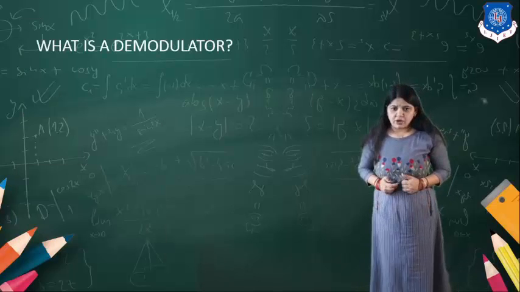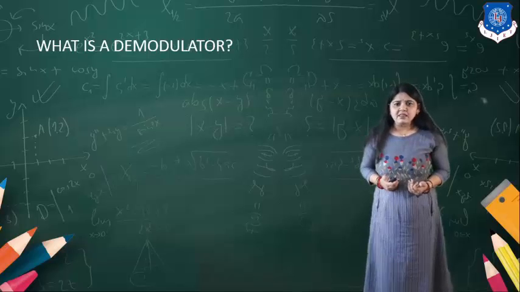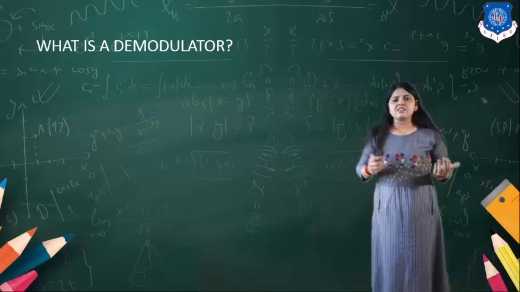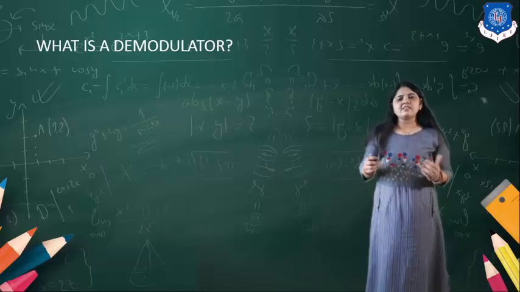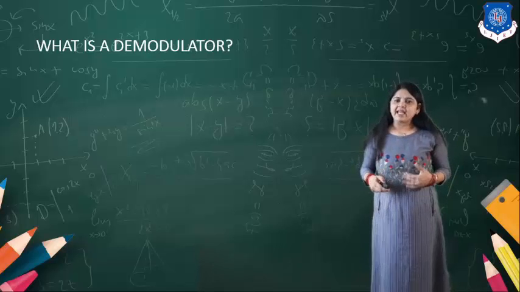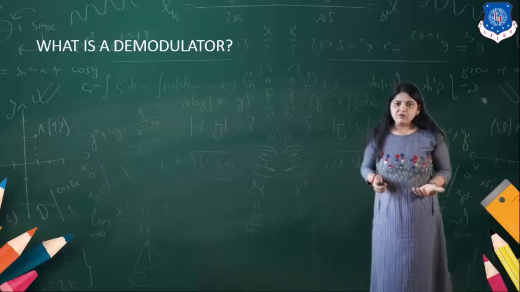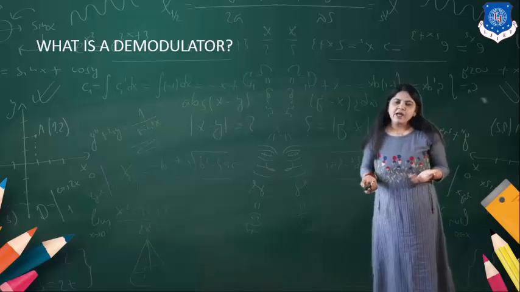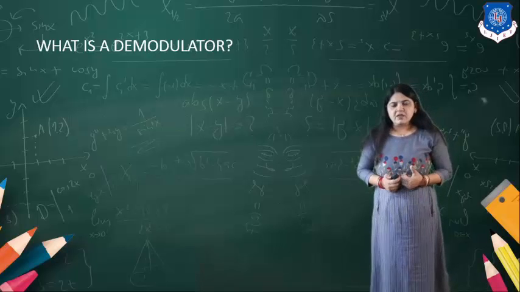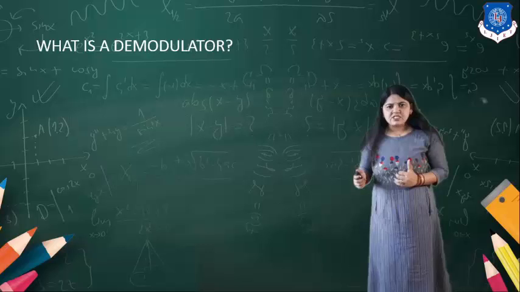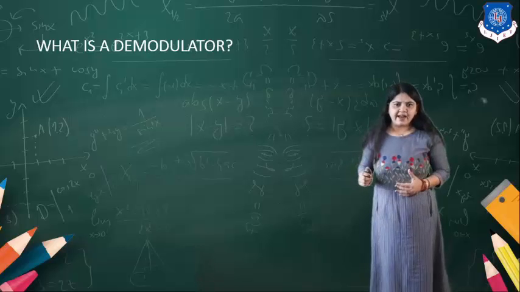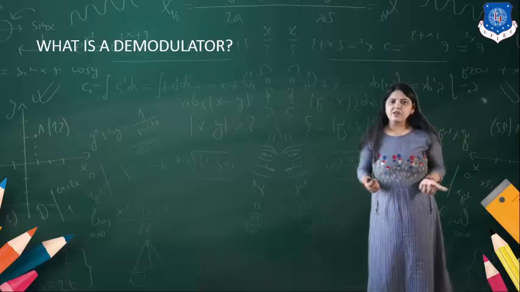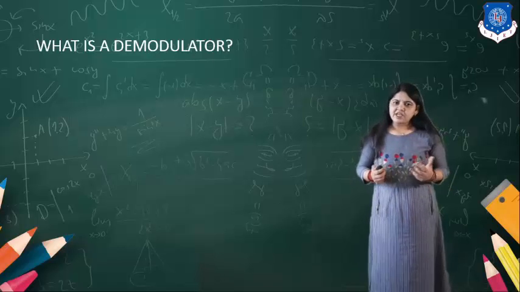What is demodulation? You have seen that at the transmitting end, the wave which is transmitted is known as the modulated wave. That modulated wave consists of the carrier wave and the information. But when it reaches the receiving end, we need to take out the information from the modulated wave.